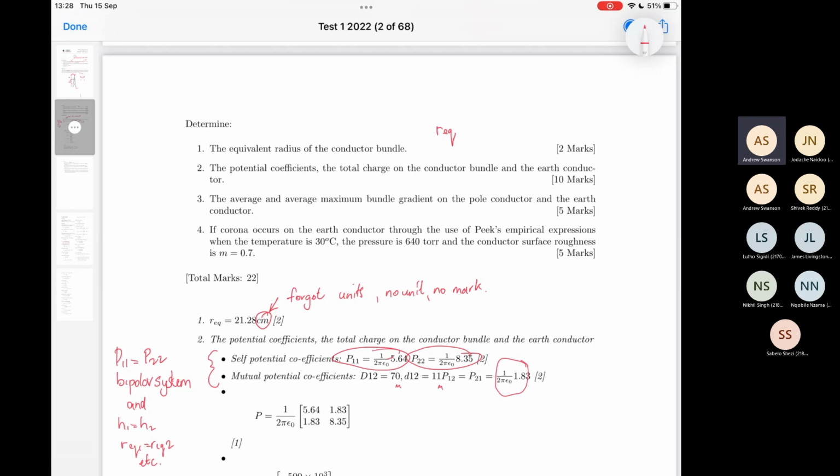If you have an arrangement like this, conductor bundle 1, conductor bundle 2, P11 would not be equal to P22.